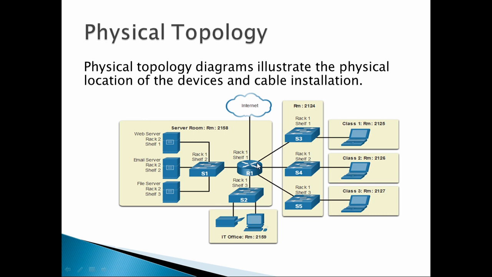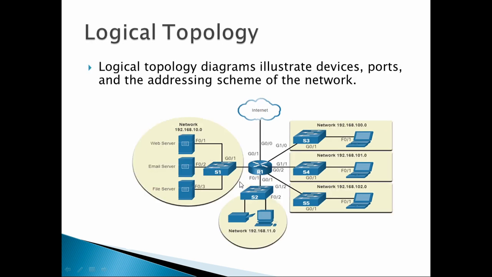While a logical topology diagram illustrates the devices, the ports and the addressing scheme of the network. So here you can see the port numbers through which it is connected. Fast Ethernet port number 0/1, where 0 is the slot number and 1 is the port number. So through this port it is connected with this switch. The port number for this switch is also given.